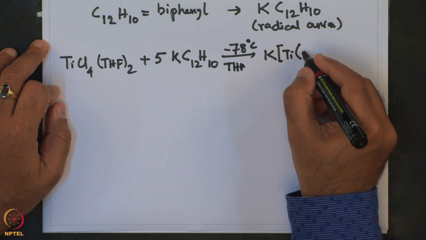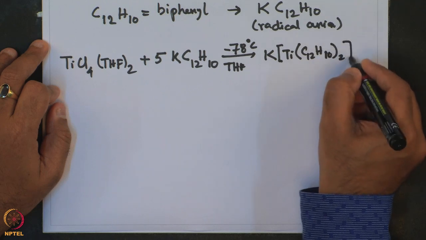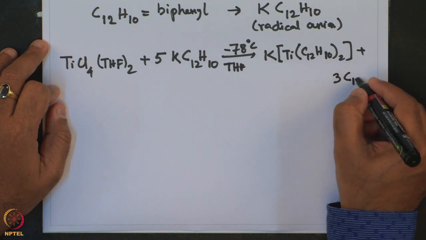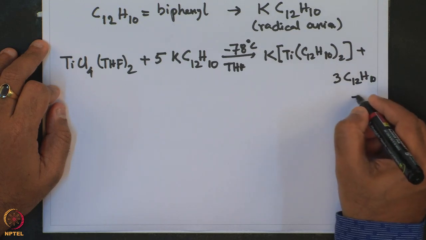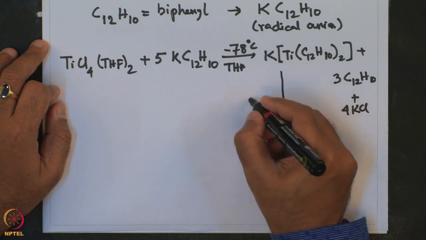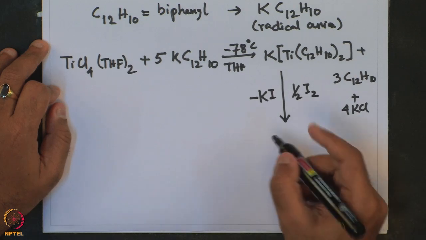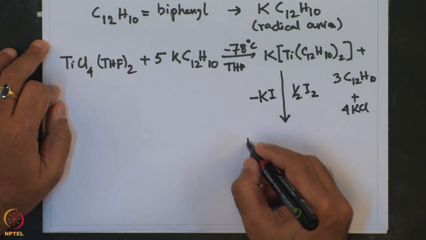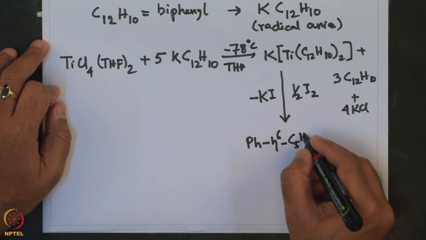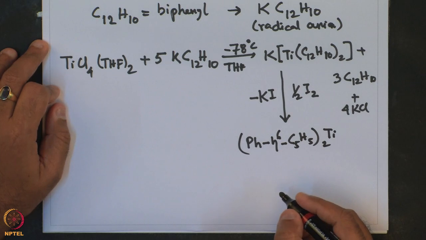Ti C12H10 whole 2 plus 3 C12H10 plus 4 KCl, minus KI and presence of iodine gives this eta 6 bound C12H10 whole 2 titanium.